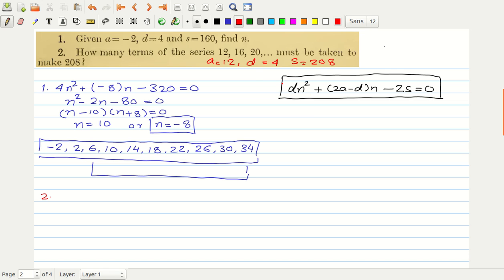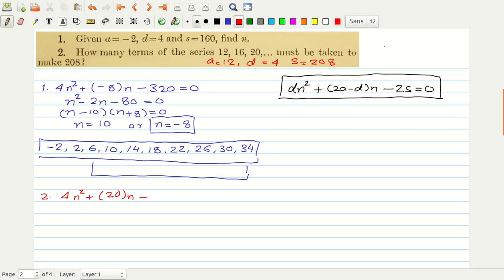So dn square is 4n square again, 4n square plus (2a minus d). So 2 times 12 is 24, 24 minus 4 is 20. So this becomes 20n minus 2S.